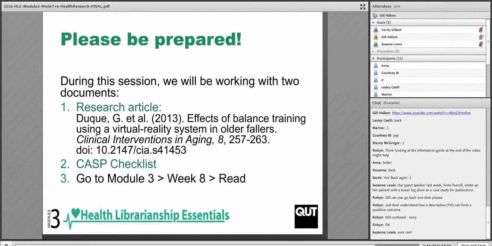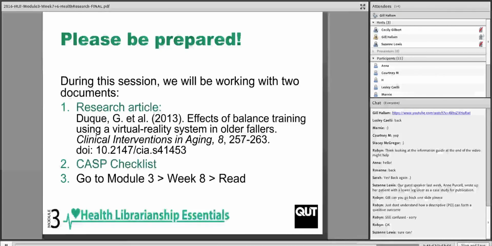We'll be working with 2 documents during the session, and these feed into the assignment 3 where you put some of this new knowledge and experience into practice. There's a research article, and that's available on the Blackboard site, and there's also a critical appraisal checklist.